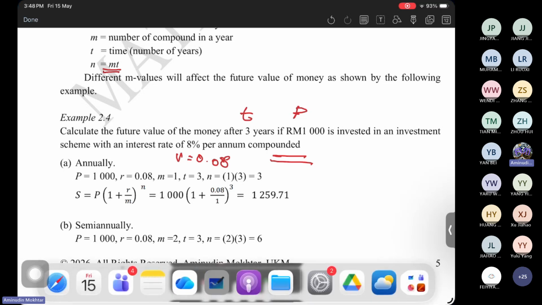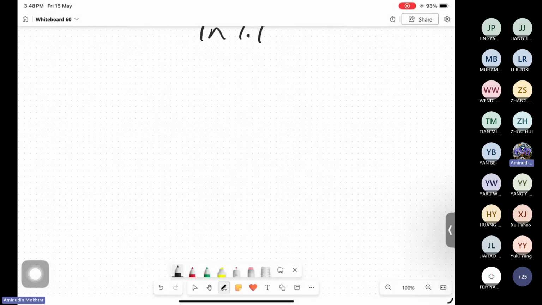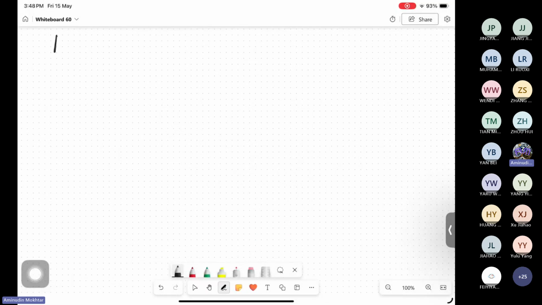Now I will show you the calculation again. For example 2.4, P equal to 1,000, and then m is different.